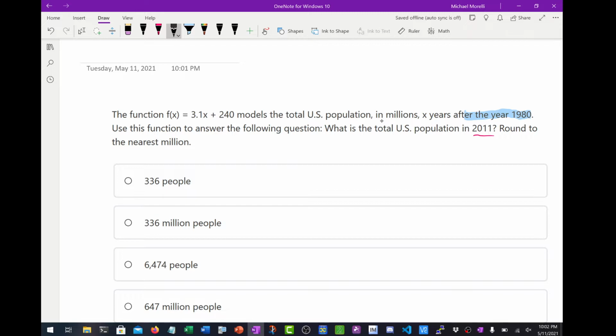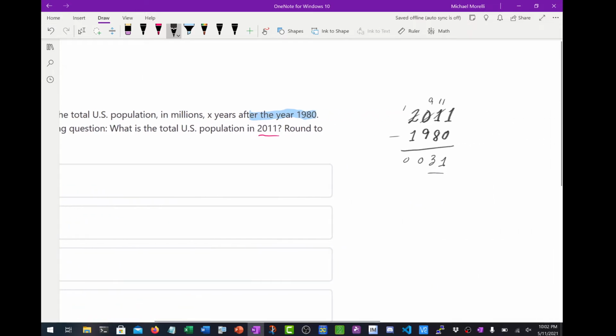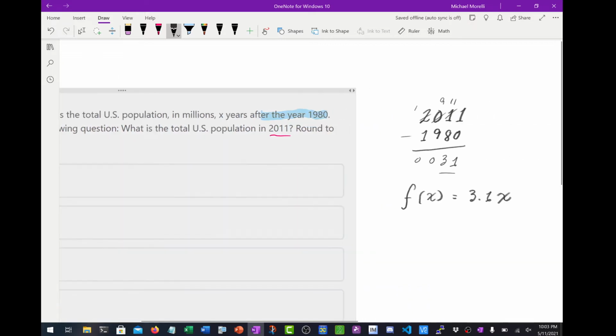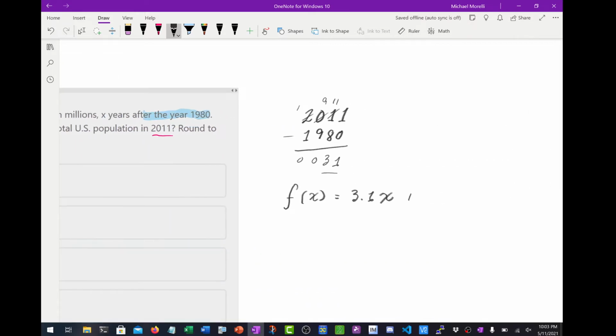So let's go back to our side work and write this out. f of x equals 3.1x plus 240.